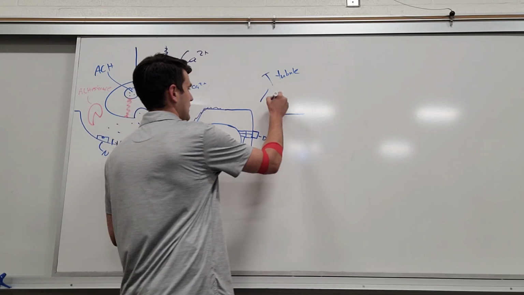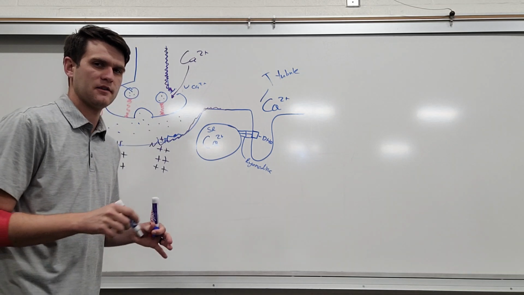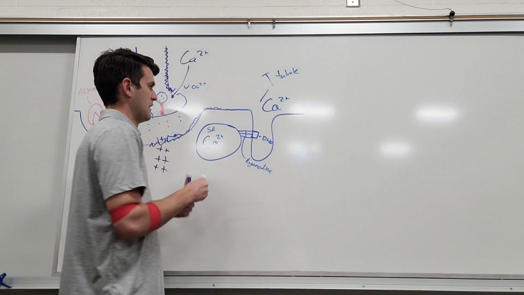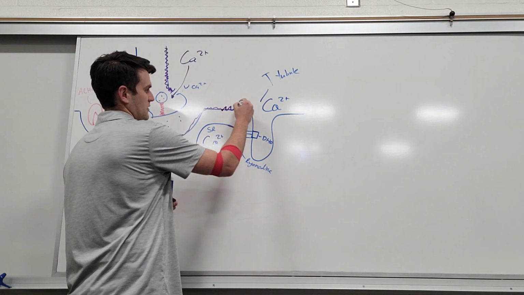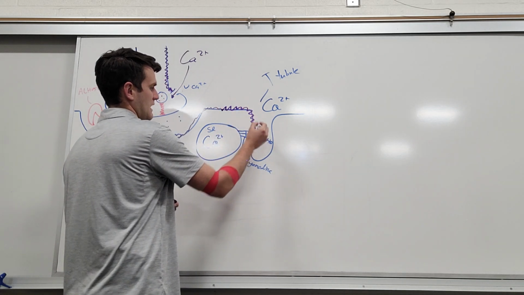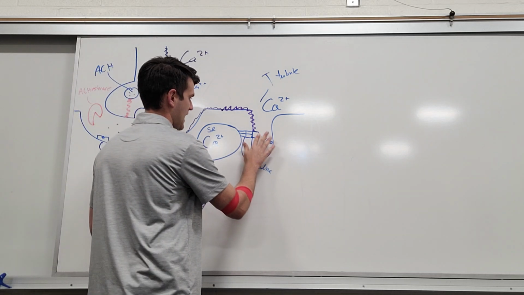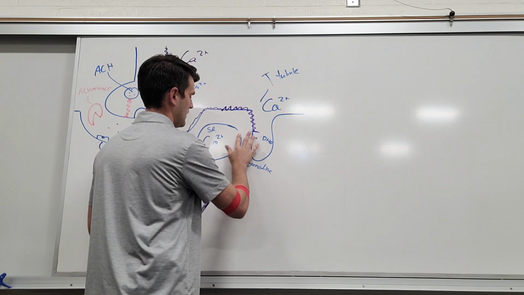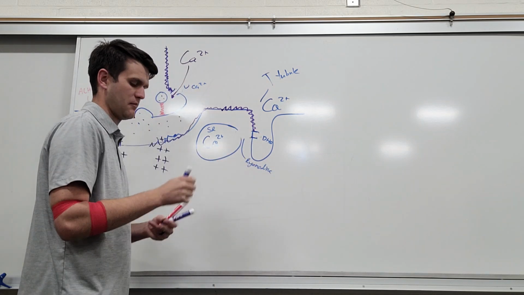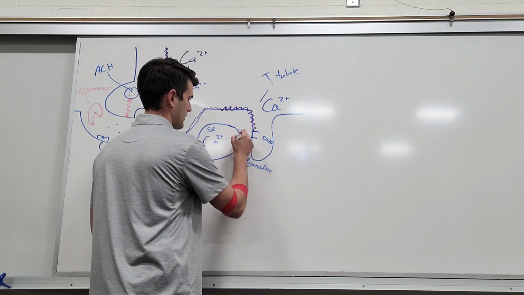We could, because there are high concentrations of calcium out here, but we're not going to do that, and we'll show you why. So essentially, go back to our purple marker here, our action potential is going to flow down, it's going to hit that DHP receptor. And then what that does is it's going to change the configuration of our ryanodine protein and essentially open it up.